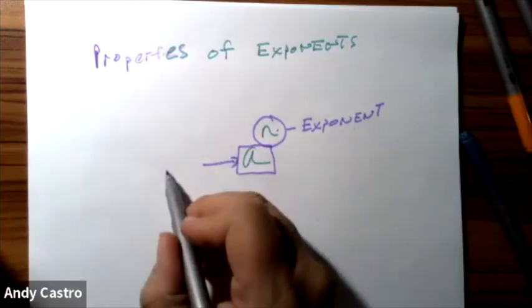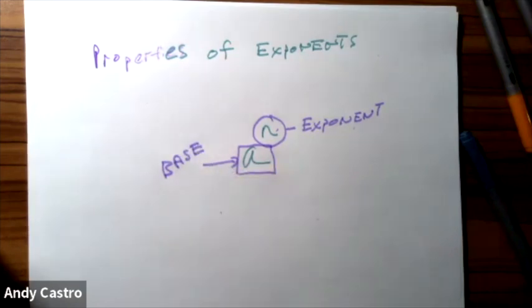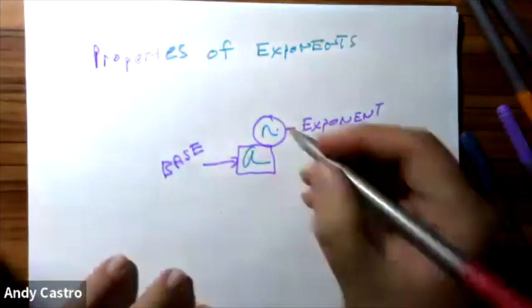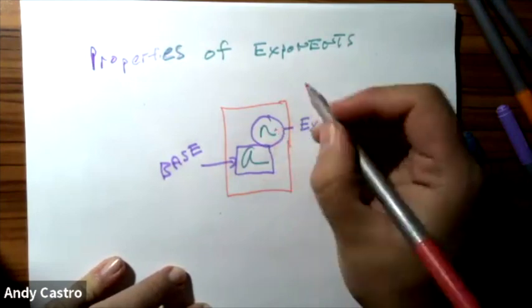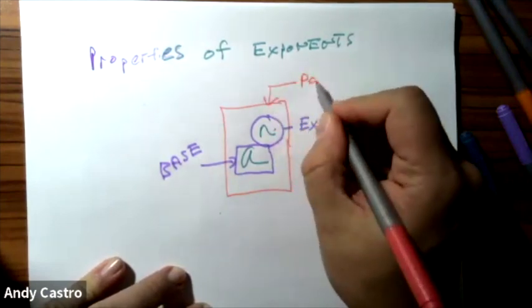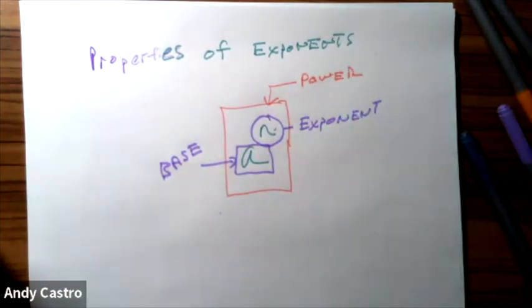This a right here is the base. And the whole thing together, a to the n, is called the power. So you have your exponent, you have your base, and the whole thing is called the power.